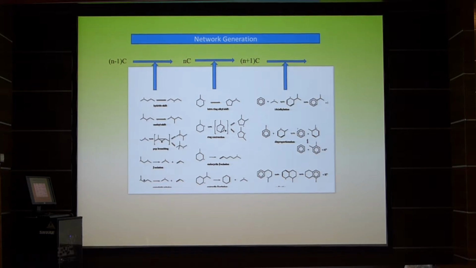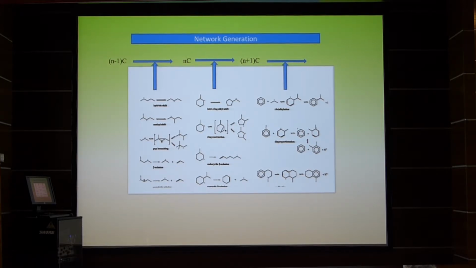So if you do hydrocracking, and you come from C40 down to the lower hydrocarbons, at each carbon level these are possible elementary steps that you have to consider. And so you can imagine that when you come down from 40 to 3, 4 carbons, that is quite an effort.